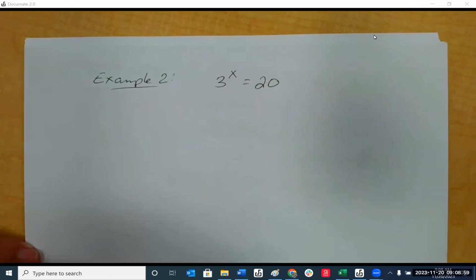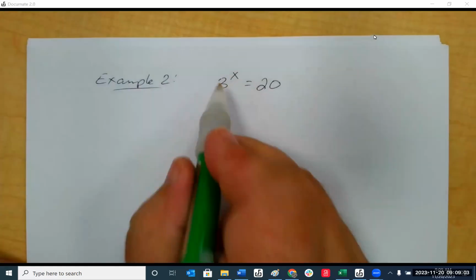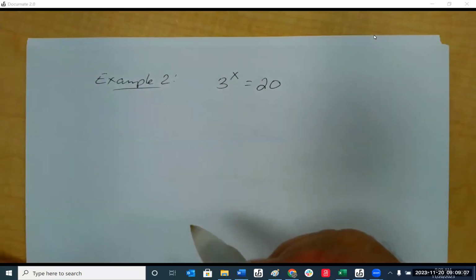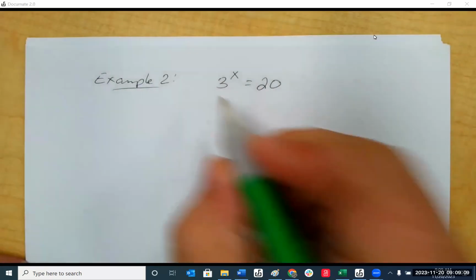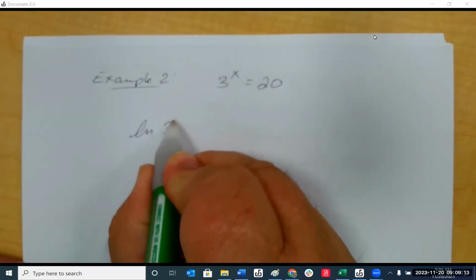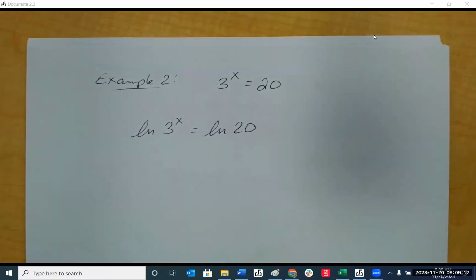Okay, since we know that 20 is not going to make up some factor of 3, how do we get the x out of the top? Take the ln of both sides. Whatever you do to one side, if you do it to the other side, it'll still be equal.